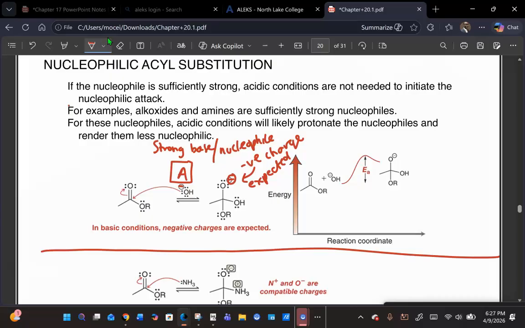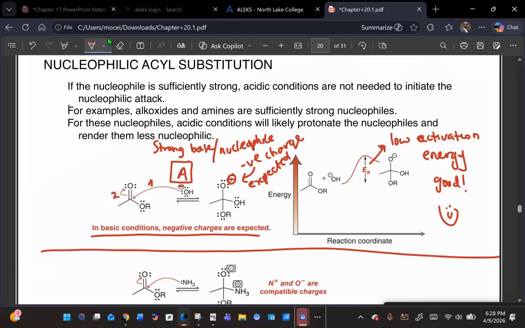And the reaction is favored because you have a low activation energy, low energy barrier. That's good. So you're simply attacking RO, getting the negative charge, and then you can kick out your leaving group. In basic conditions, negative charges are expected.